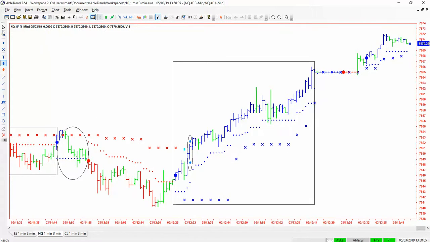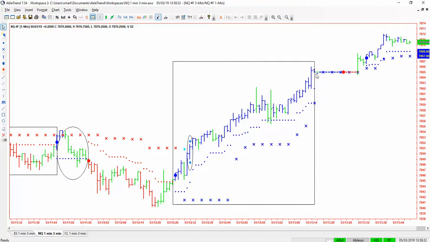Okay, so you get in, stay in, stay in. A little bit of a pullback, you stay in, because you got support here, you got blue dots under here, so you stay in, and you got the blue X's, you stay in.